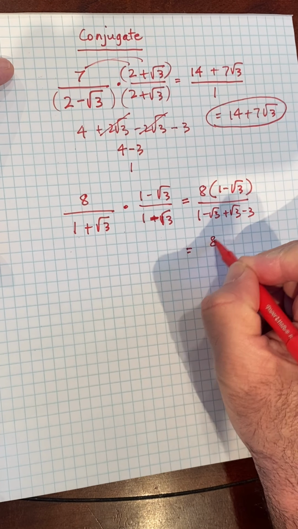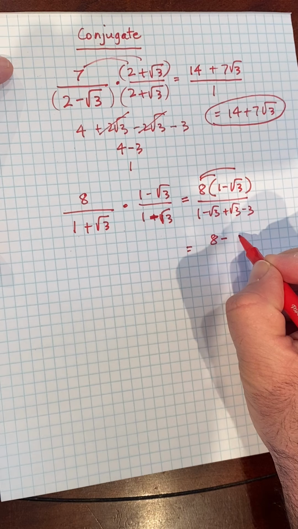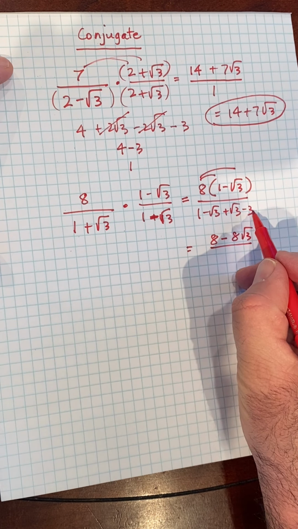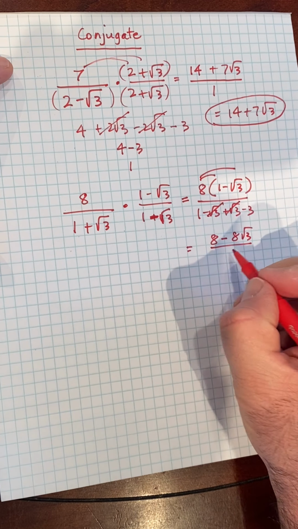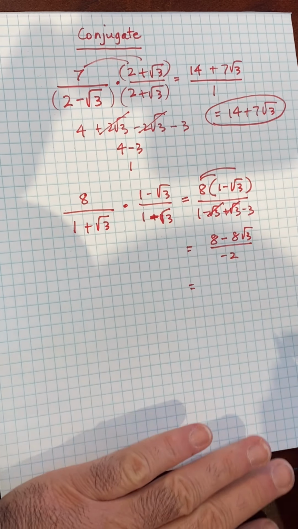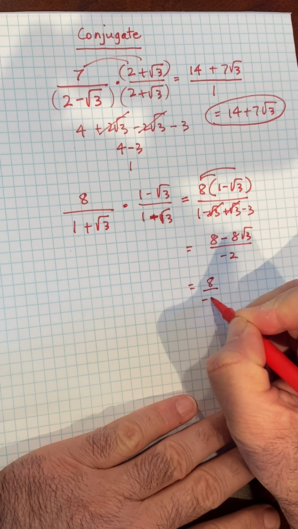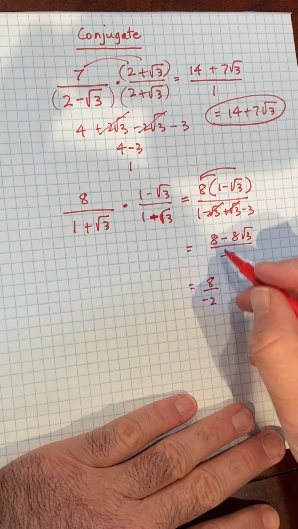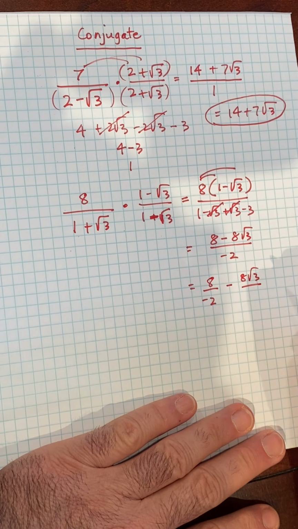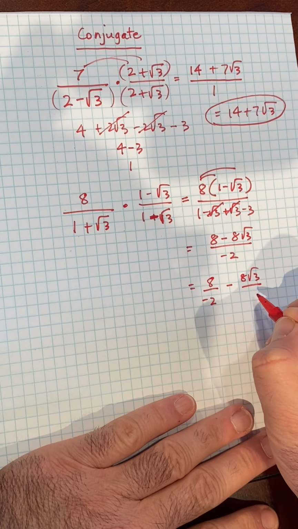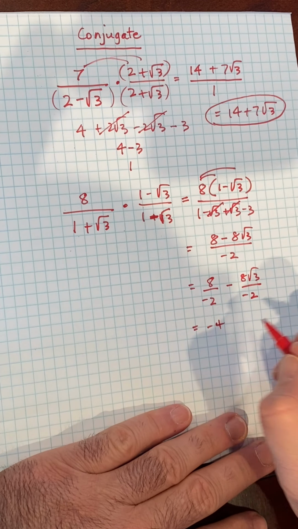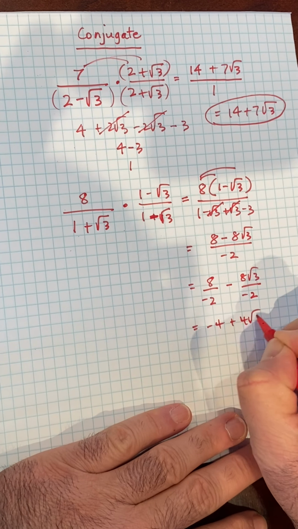So simplifying, that's 8 minus 8 root 3 over 1 minus 3, which is negative 2. This is kind of a tough one. So now if I look at it this way, 8 minus 8 root 3 over negative 2. So this becomes negative 4 plus 4 root 3.